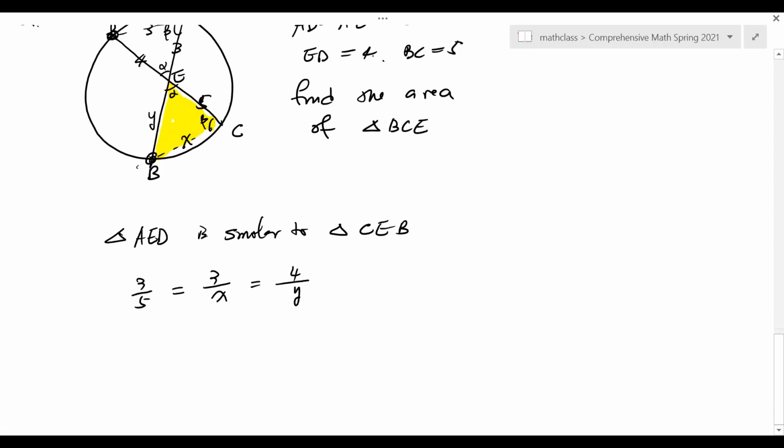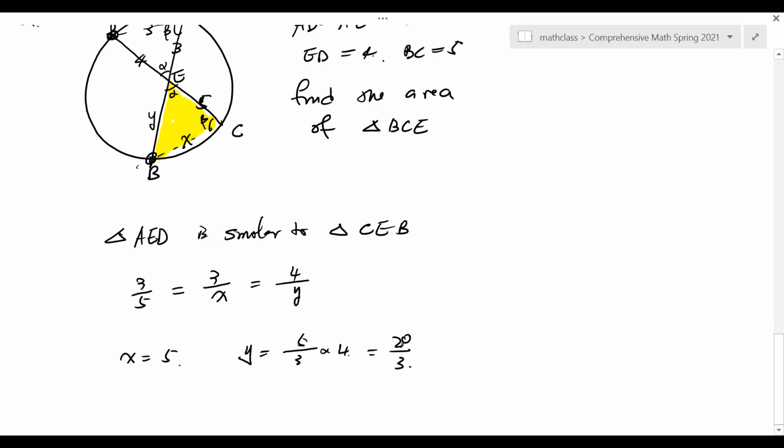So from here you get X and Y. X is going to be 5, and Y is going to be 5 over 3 times 4, so it's going to be 20 over 3.